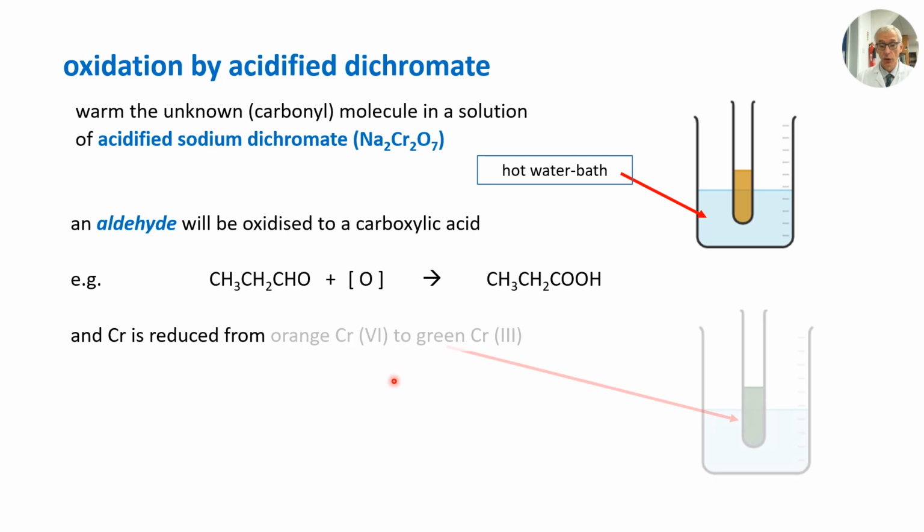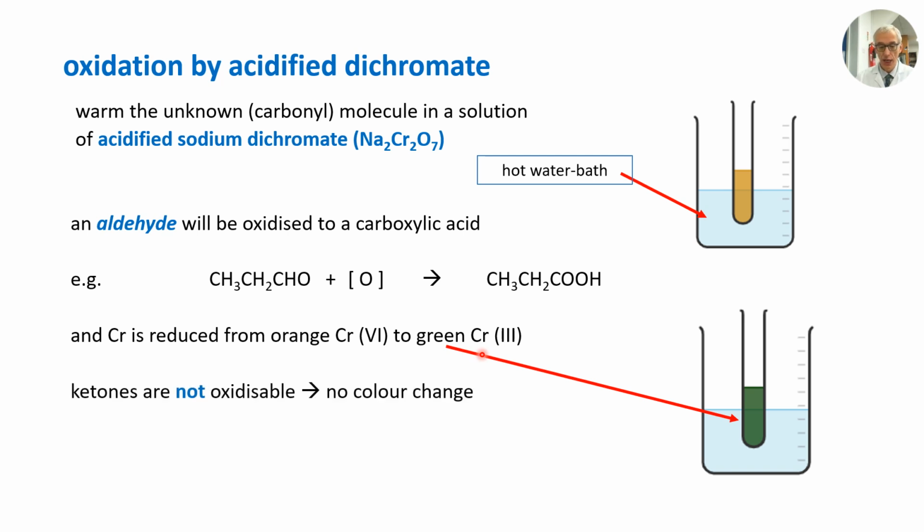Okay, so the chromium in the dichromate is at the oxidation number +6, and it goes to, as a factual matter, chromium 3+, which is green. So if an aldehyde is oxidized, the chromium is reduced. It's a redox reaction. But only an aldehyde will do that because ketones are not oxidizable.